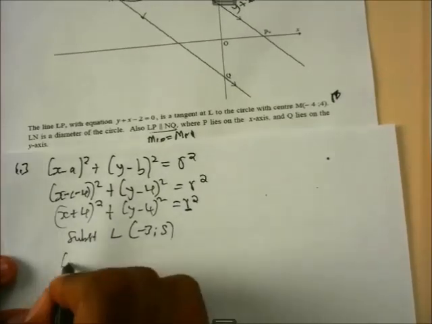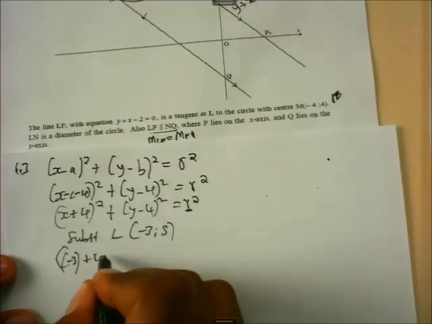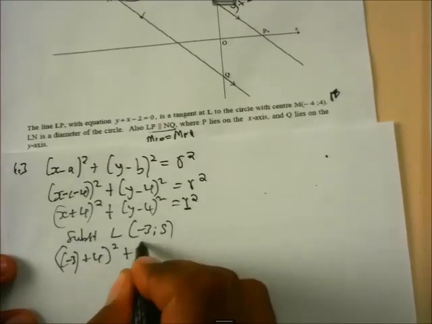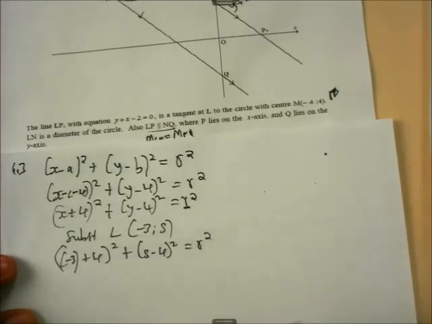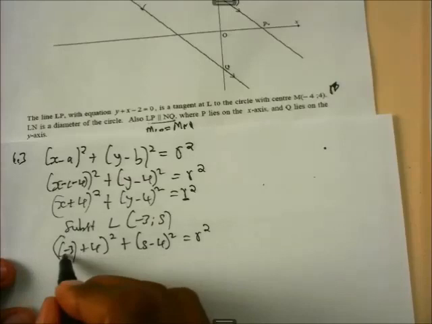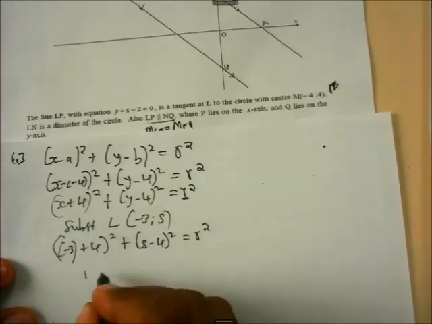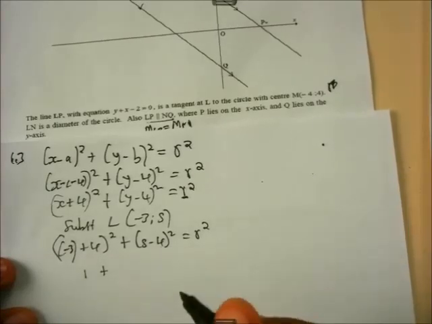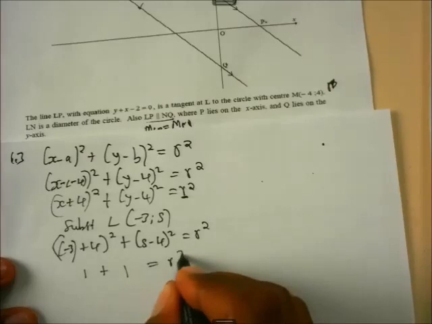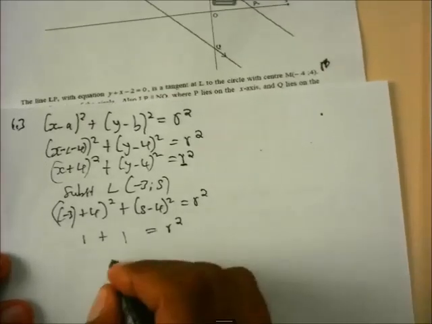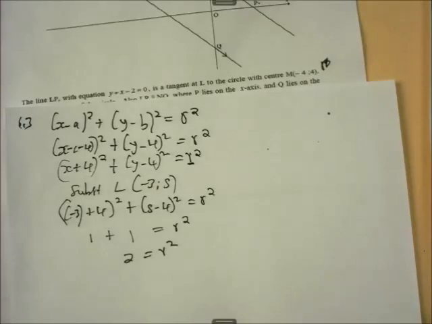The x there is minus 3, then plus 4 all squared, and now y is 5 minus 4 all squared is equal to r squared. Now from here, minus 3 plus 4 is 1, then 1 squared is 1, plus 5 minus 4 is 1, and when you square it, it's also 1, which is equal to r squared. 1 plus 1 is 2, there we are. Then r squared is equal to 2.